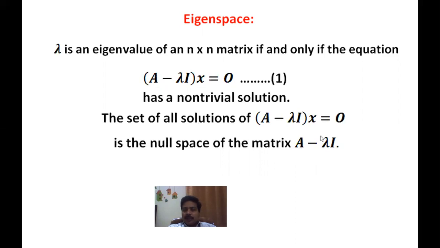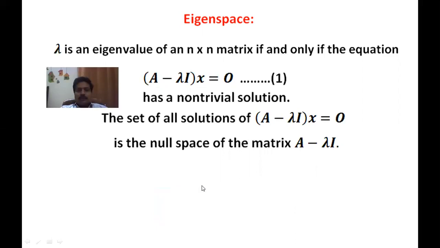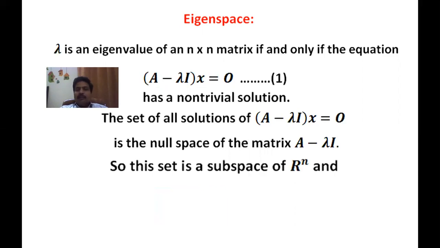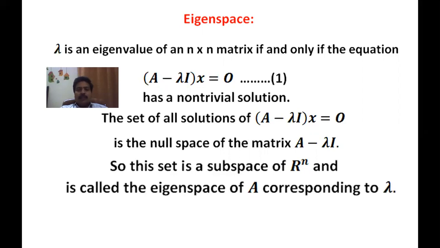So A minus lambda I is another matrix. So we can easily find the null space of this matrix by using the methods we have discussed in the previous classes. So that null space will be a subspace of Rn, and that subspace is called the eigenspace of A corresponding to lambda.